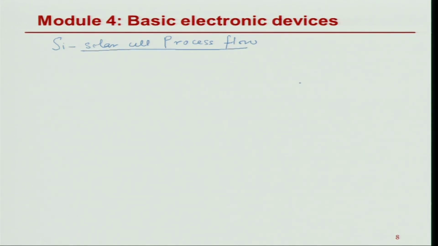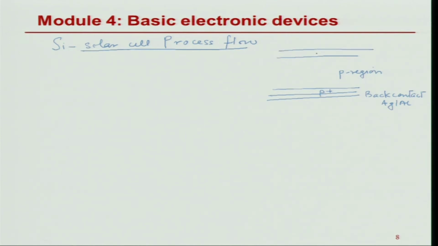So a typical solar cell which is commercially available looks something like this. It has a P region, then an ohmic contact region for high doping P region, back contact, which is often silver, aluminum, amalgam or some paste type of thing can also be used. On top, we make the PN junction using a N plus P. So if you recall our discussion, we wanted very large depletion region.